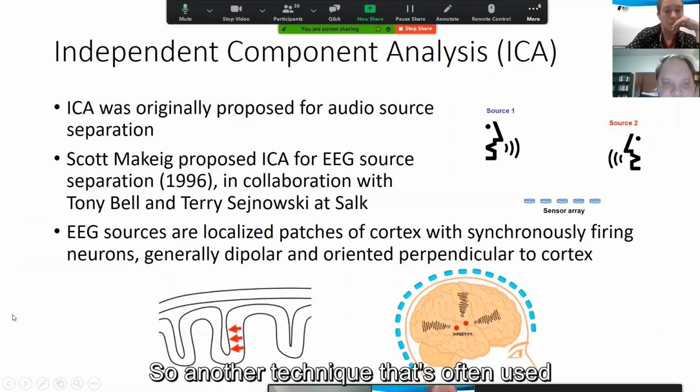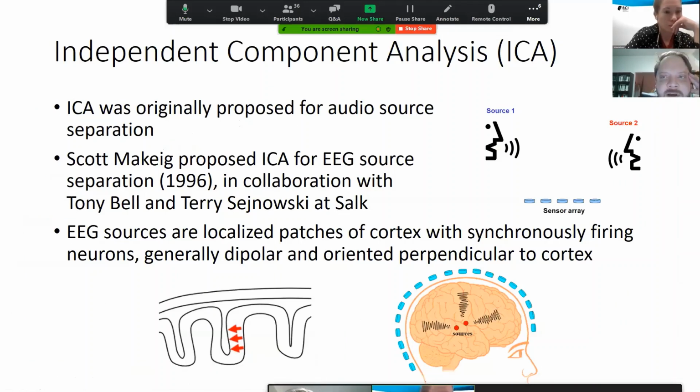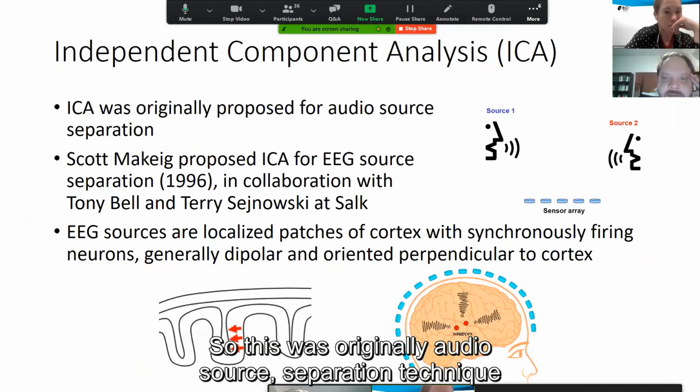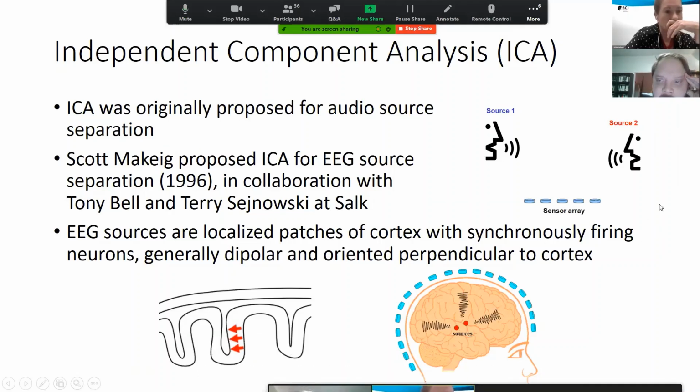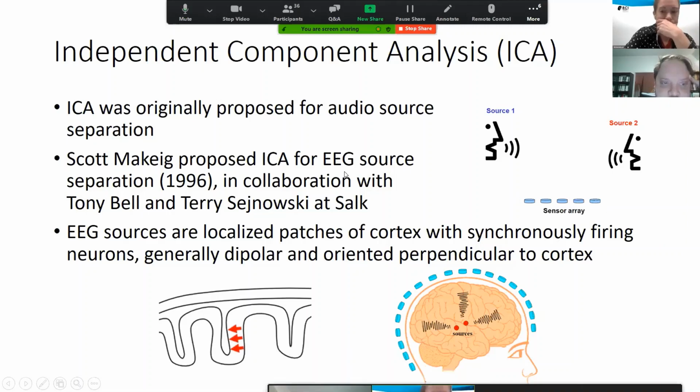Another technique that's often used with EEG these days is ICA. This was originally an audio source separation technique for separating multiple speakers using multiple microphones.